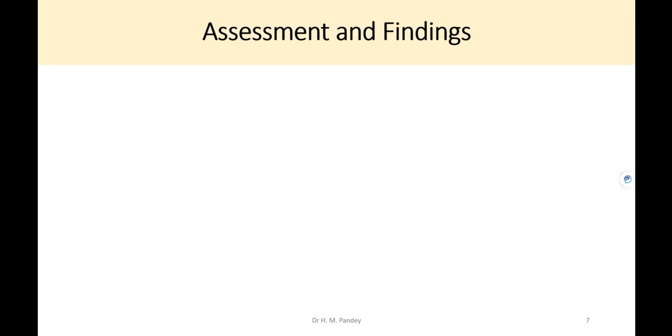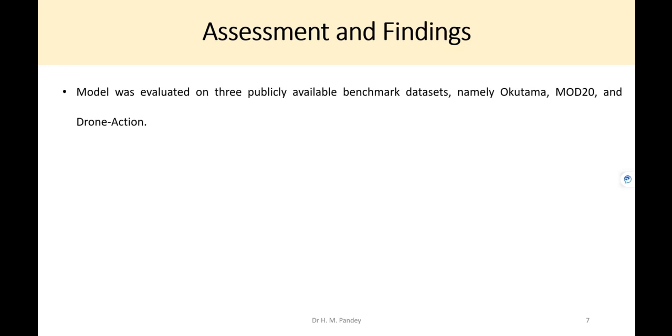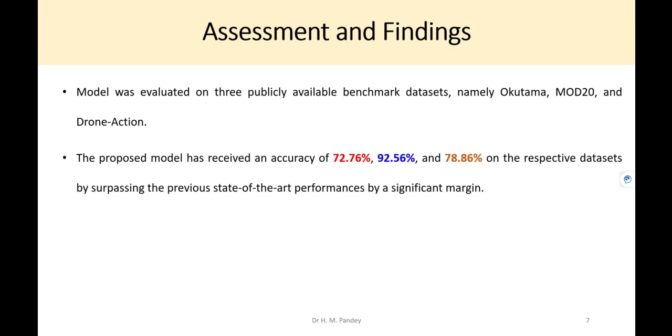To evaluate the performance of our model, we tested our model on benchmark datasets. As far as benchmark datasets are concerned, we used 3 different datasets. You can see the names of the datasets here. This is the first dataset, second dataset, and DroneAction was our third dataset. The performance of our proposed model is presented here.